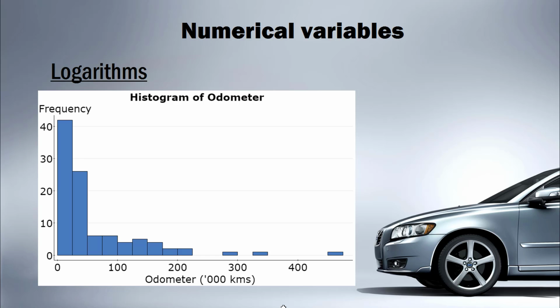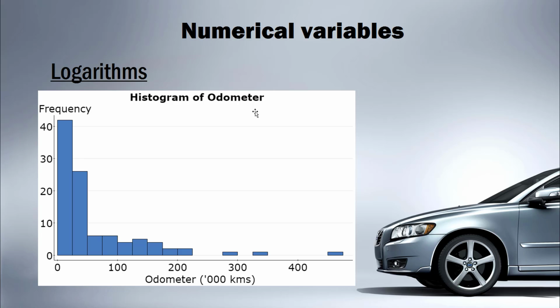Now, one thing about regression modeling is that we usually like inputting variables that are roughly normally distributed. So we like to see a nice symmetrical distribution that has a nice bell-shaped curve to it. And this certainly doesn't have that. So if we were to use this variable odometer in the regression model, there might be some issues. And we'll deal with those issues in part 5 of this video series.